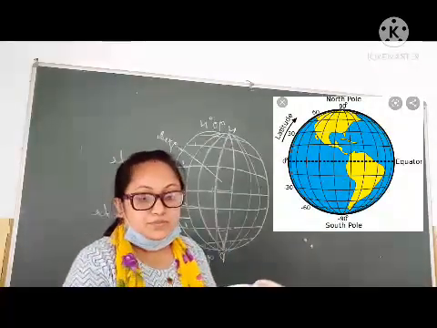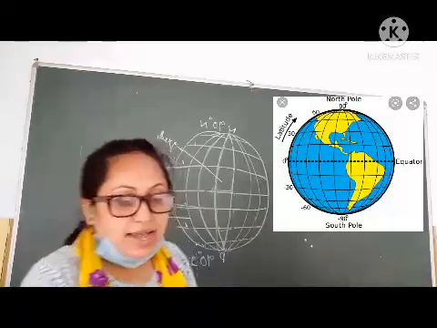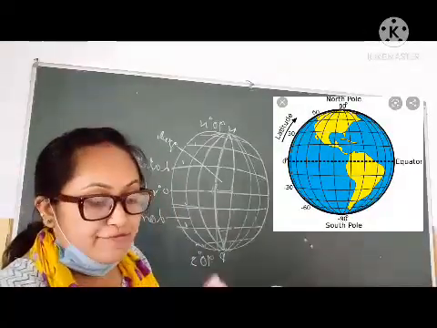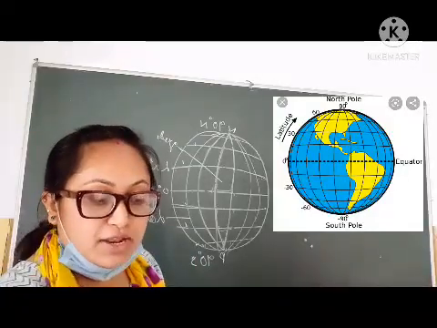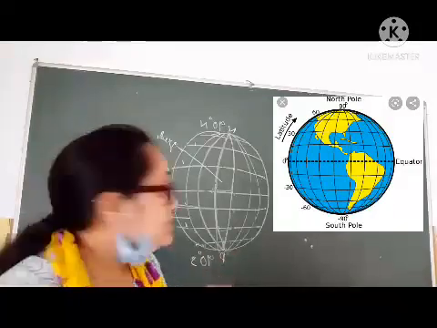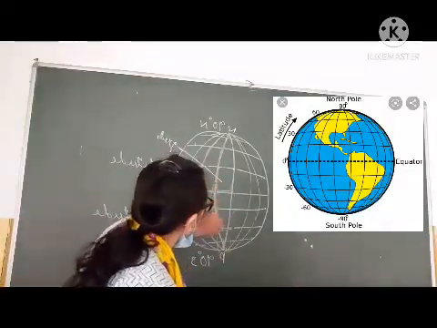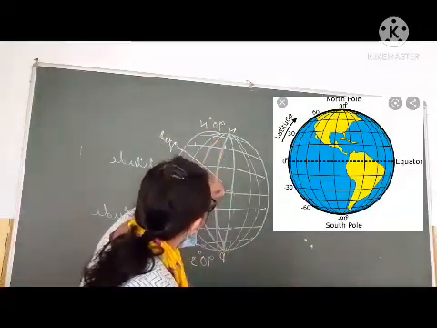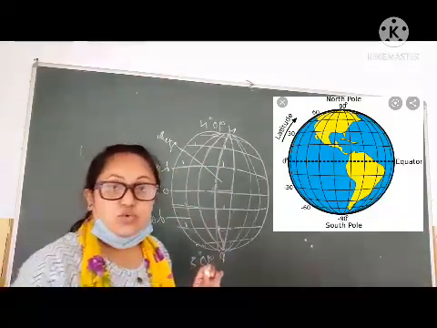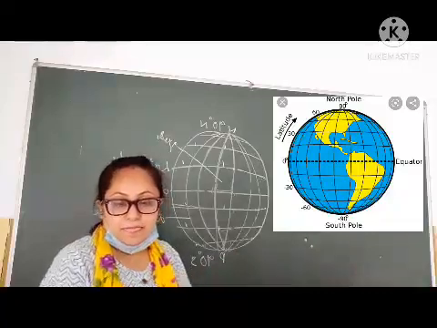Now, the imaginary line that runs through the middle of the earth. Therefore, the lines of latitude are also known as the lines of parallels, as these lines run parallel to each other. So these are also known as the parallels.